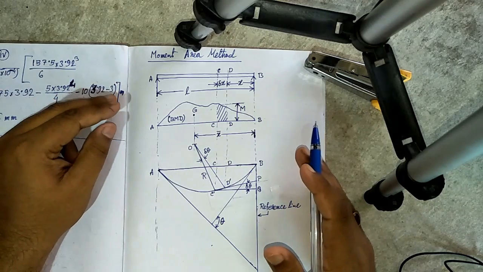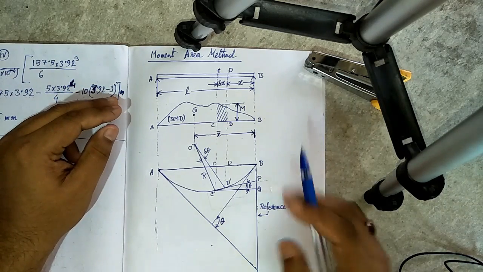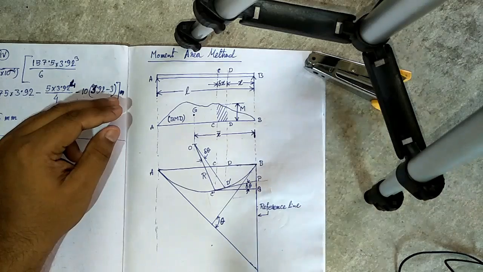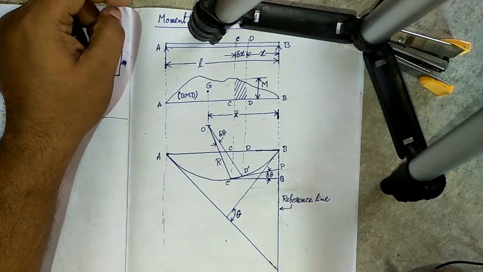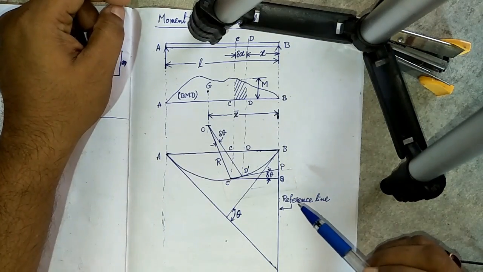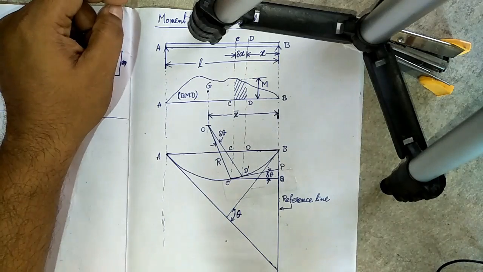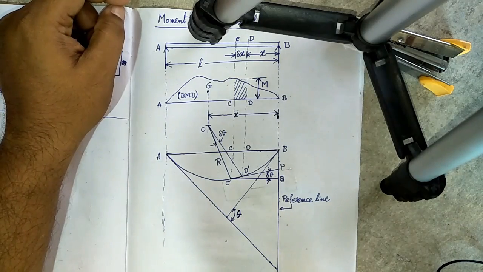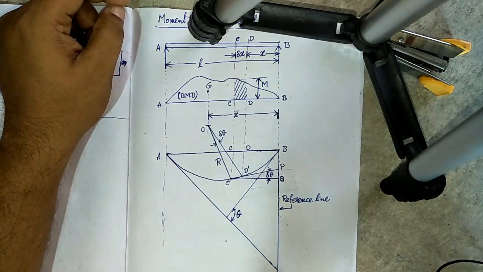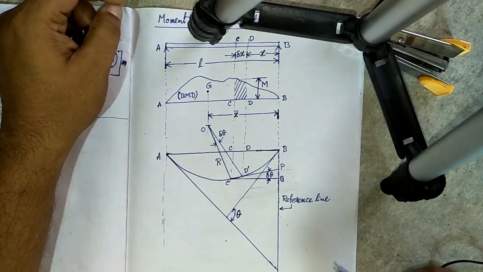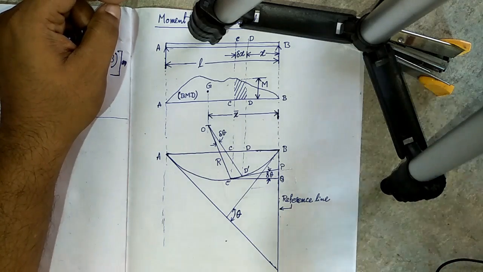So this is the diagram of the moment area method. Now I am going to zoom in. Now we are going to start the derivation of how to find the slope and deflection using this moment area method.